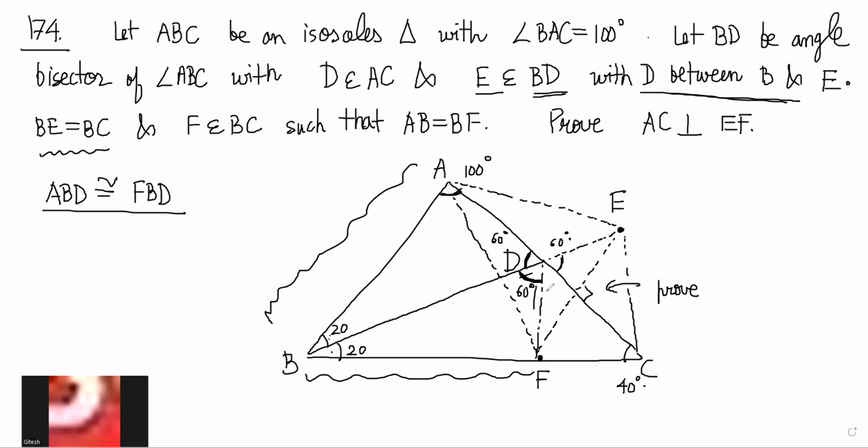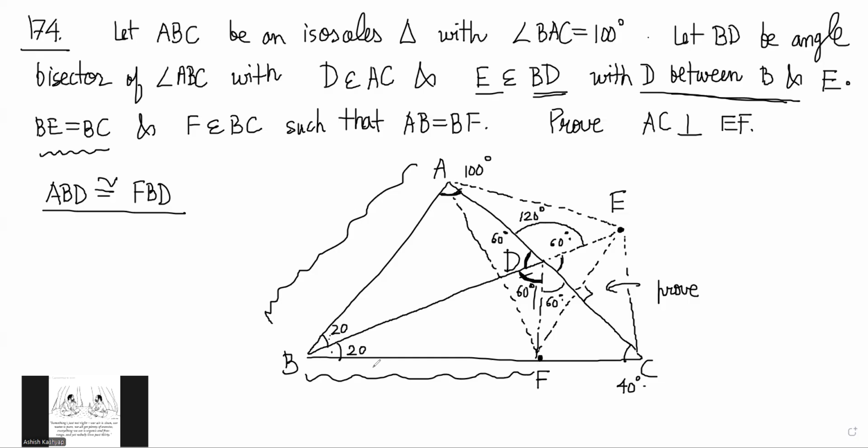Yes, sir. Why is FDC also 60? Because, sir, the vertically opposite angle ADE is 120, and this much is linear, 120. So this is 60 degree. Okay. So we need to prove that FDC is equal to 60.